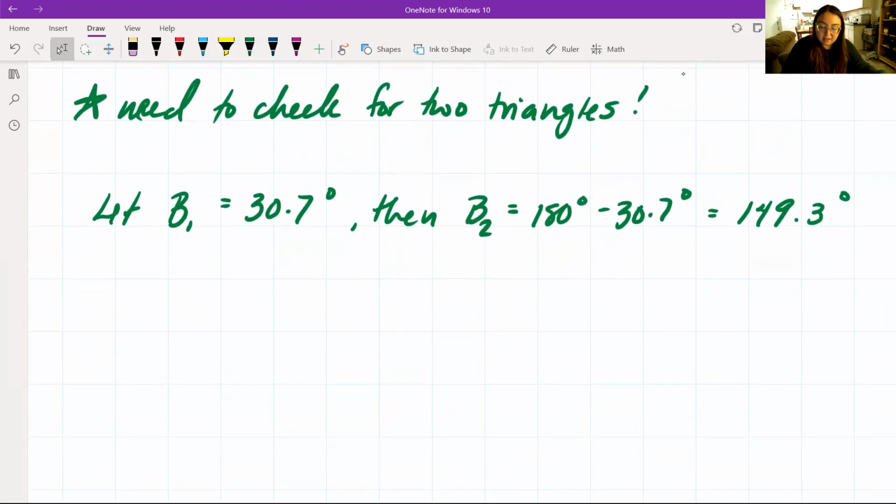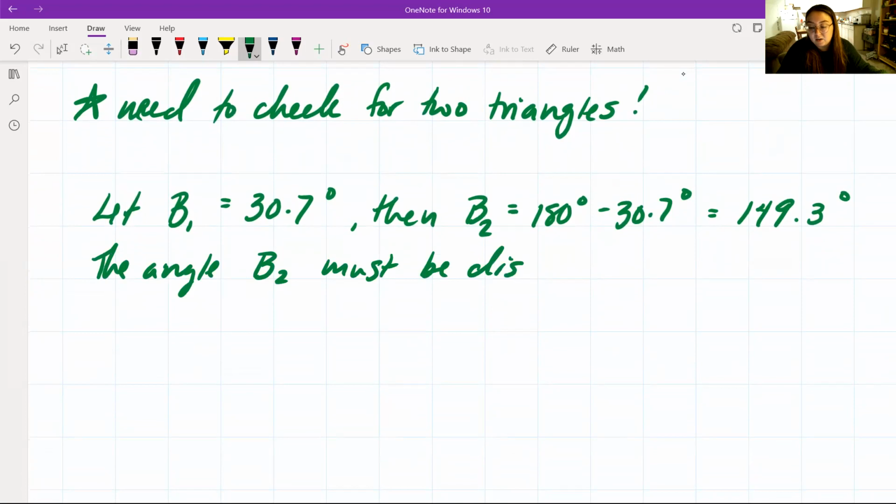And what we see here is that the angle B sub 2 must be discarded. Whatever word you want to think of, discarded, ignored, removed, anything like that.